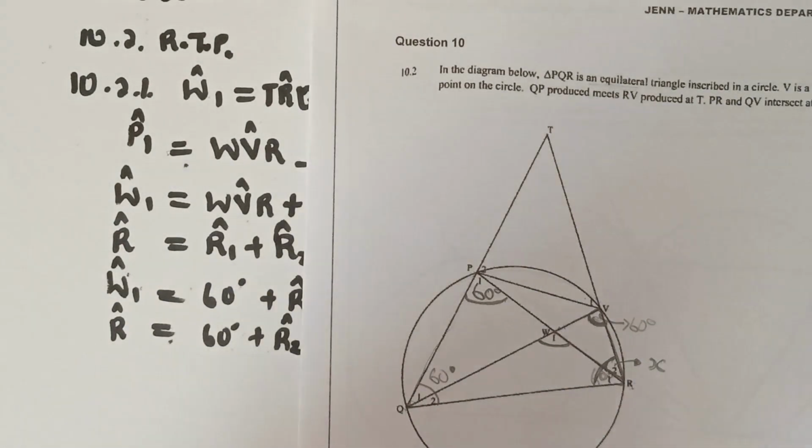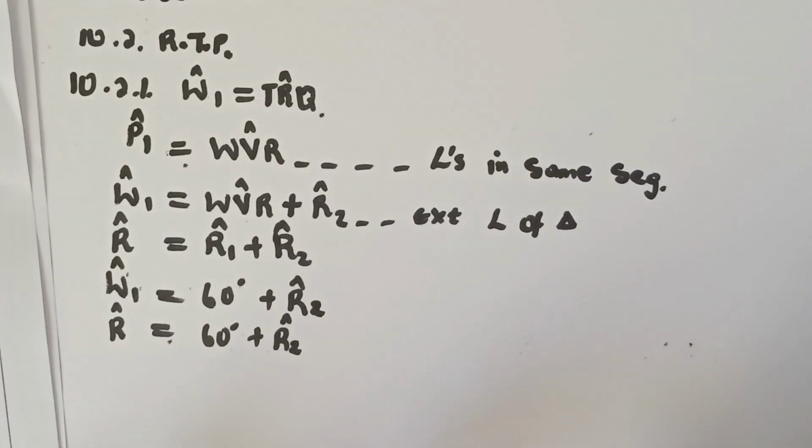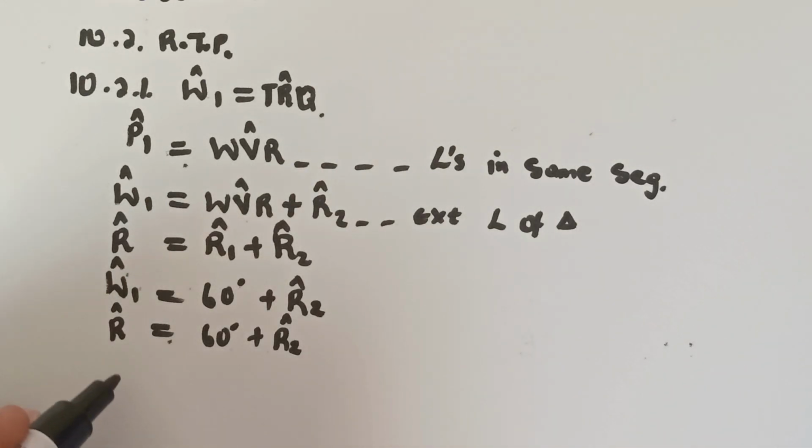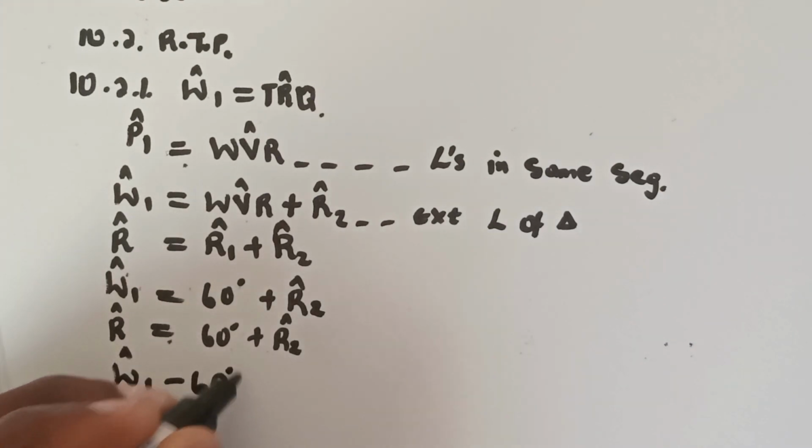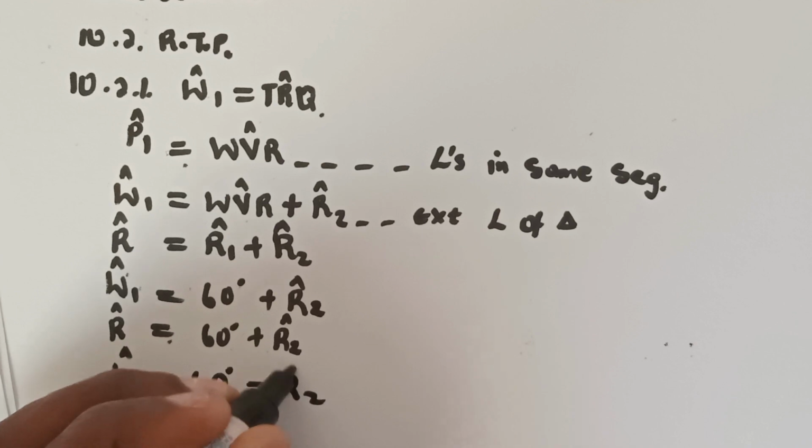Let's make R2 the subject of the formula: angle W1 minus 60 degrees is equal to angle R2.